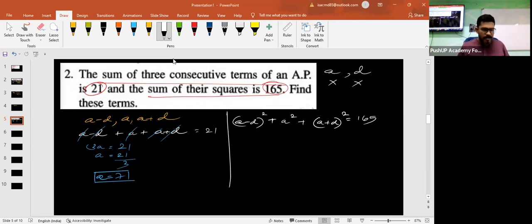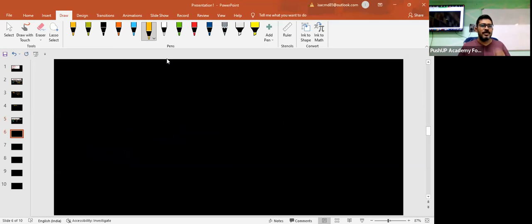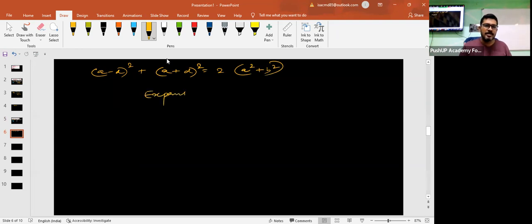So, if I ask you, what is (A minus D) whole square plus (A plus D) whole square? You remember class 9 expansion? I have taught you this. If you forgot, I will make you write it again. (A minus D) whole square plus (A plus D) whole square is equal to 2 times A square plus D square. This we have learned in a chapter called expansions in class 9.